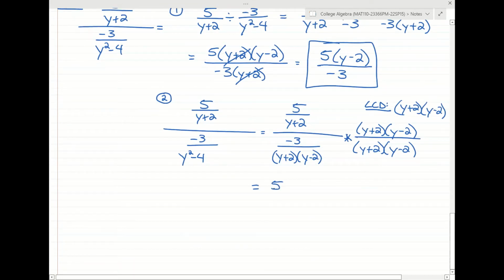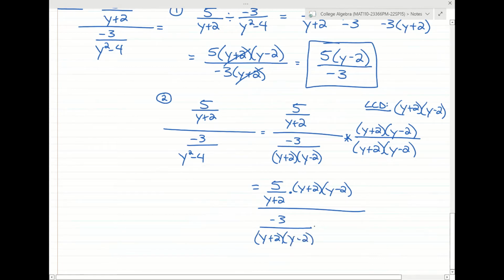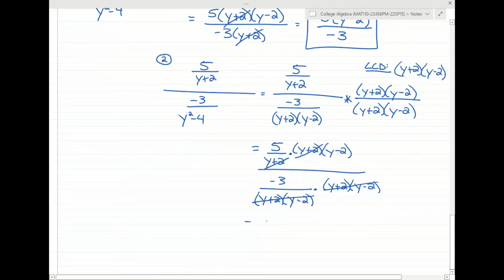This would be 5 over y plus 2 times y plus 2 times y minus 2, divided by negative 3 over y plus 2, y minus 2, times y plus 2, y minus 2. This cancels with this. These cancel with these. You wind up with 5 times y minus 2 divided by negative 3. Exactly the same answer.